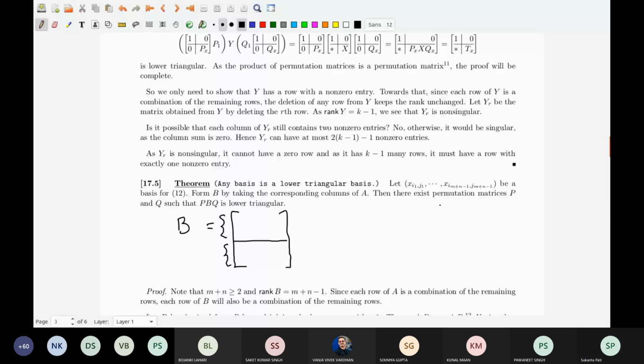Why so? What you do, you multiply. Remember what I said. You consider a matrix D that is created from B by keeping this part unchanged as such, and this part you multiply by -1, negative.